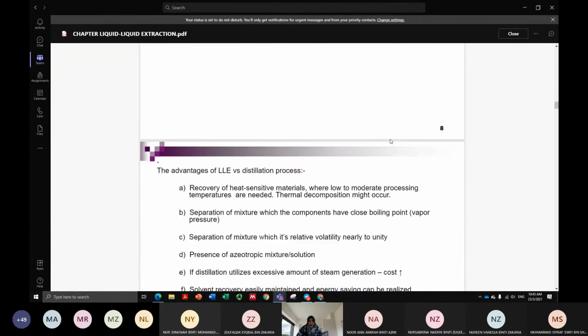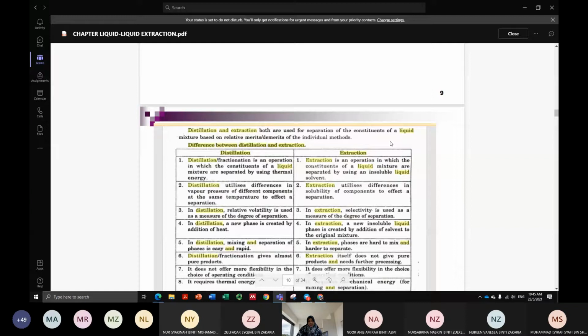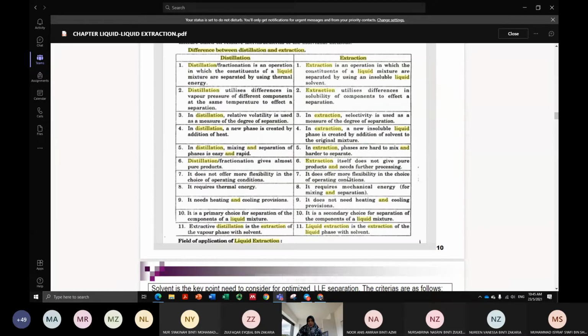In the last class we also discussed the differences between distillation and extraction. The clearest difference is the heat energy that is needed for distillation but not for liquid extraction, and both are in liquid form.